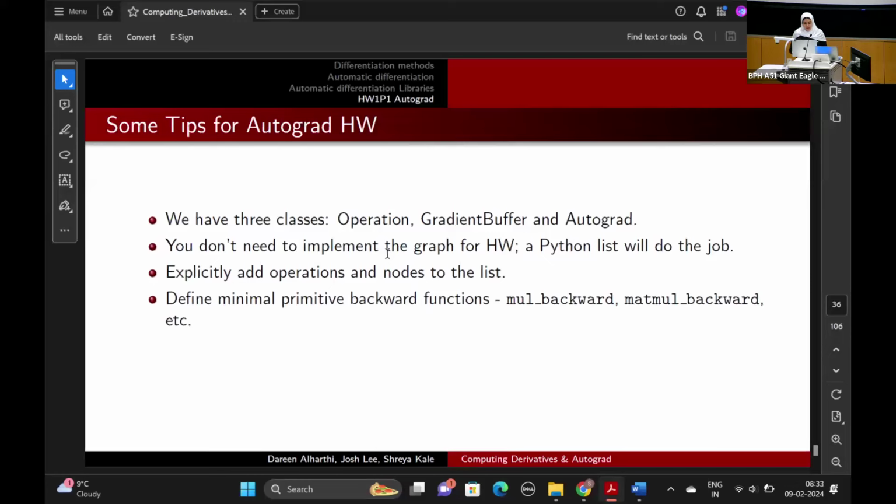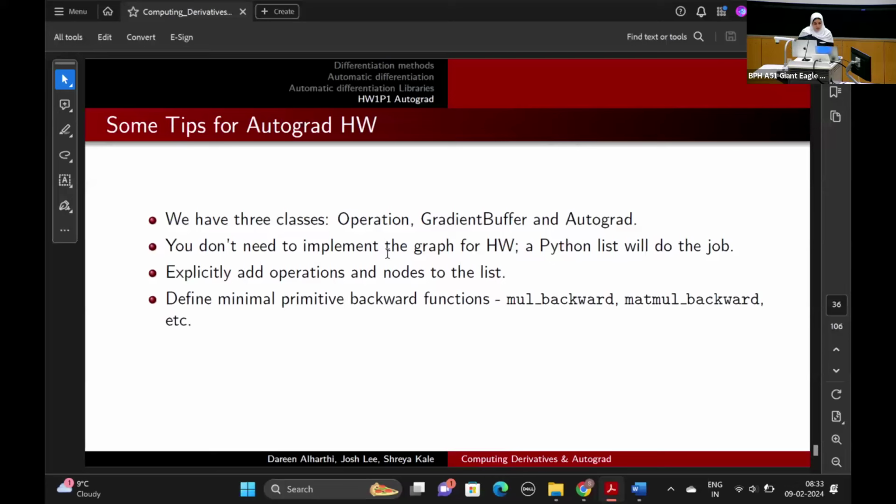The idea is that if you can write a backward propagation function that calculates gradients for each primitive operation, then you can differentiate more complex structures by linking these small primitive operations. The primary responsibility of the operation class is storing the type of operation, the inputs, and the outputs.